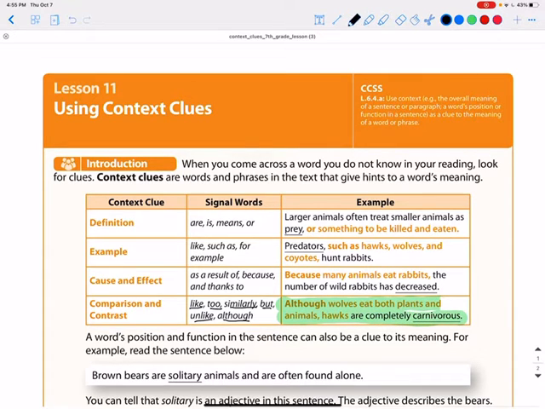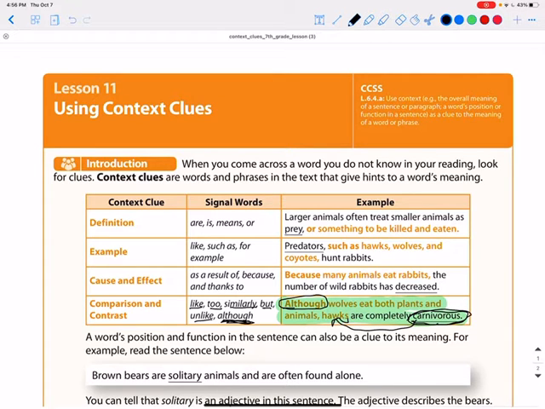So let's take a look. Carnivorous is our word, and although is our signal word. So wolves eat both plants and animals. They're talking about hawks. They're comparing the two. Hawks are completely carnivorous. So that means that's our context clue.